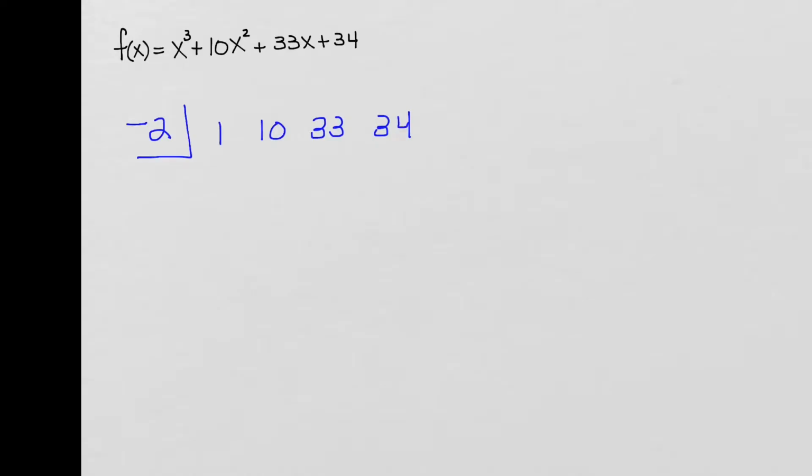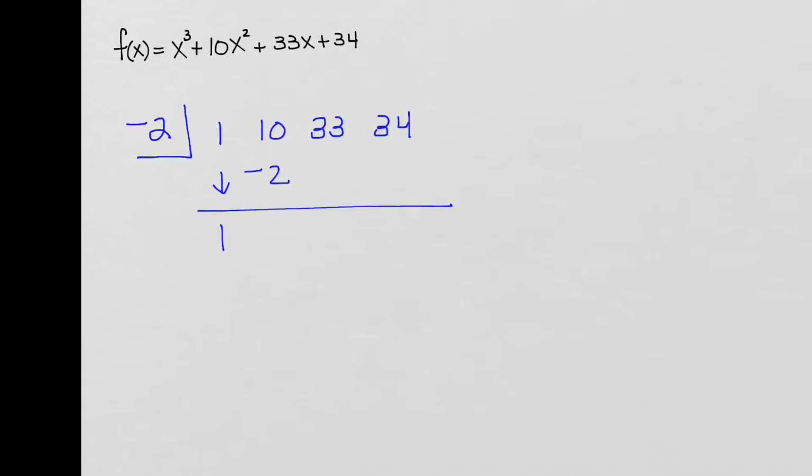Okay, so I'm going to use synthetic division in order to divide out this factor of -2, or the 0 -2, I should say. The factor is x plus 2. And so I bring down the 1, multiply by a -2, and then I add.